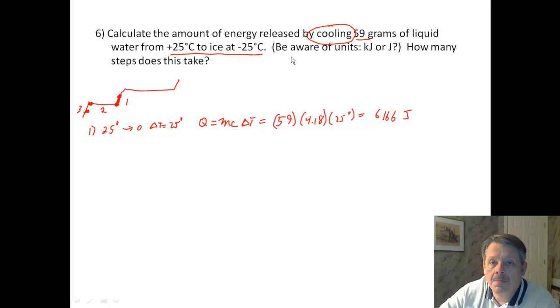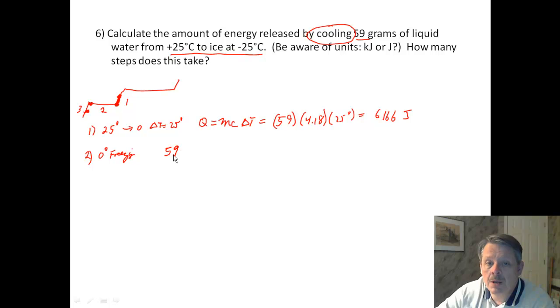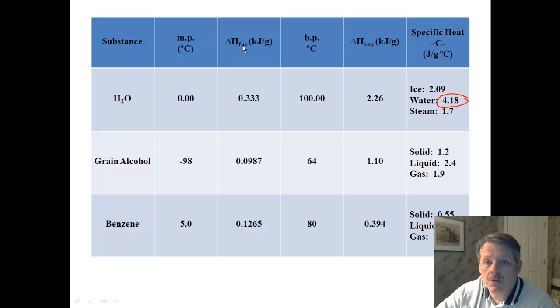All right, so now let's look at our second piece. Our second piece is 0 degrees, and it's the water freezing. So I have no temperature change at all. So I've got 59 grams of water, and I want to freeze it. So I have to look up my heat of fusion, which is 0.333. It's the same whether you are melting or freezing, doesn't matter.